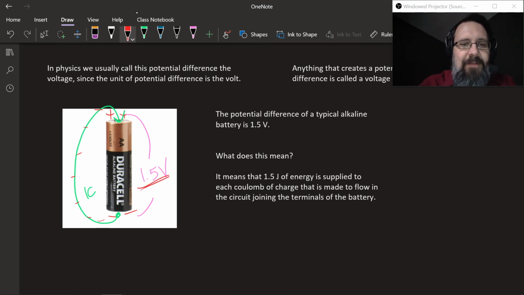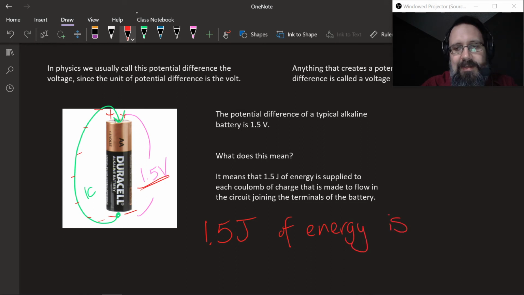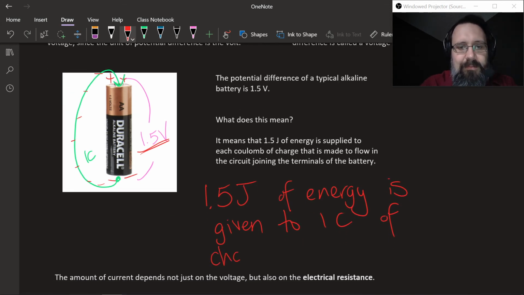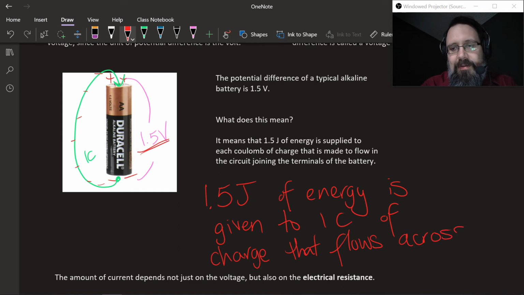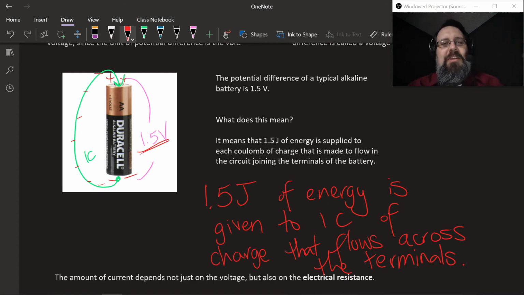So when you say 1.5 volts, it means 1.5 joules of energy is given to 1 Coulomb of charge that flows across the terminals. So there you go. The voltage is basically telling you how much energy you're able to supply to each Coulomb of charge.